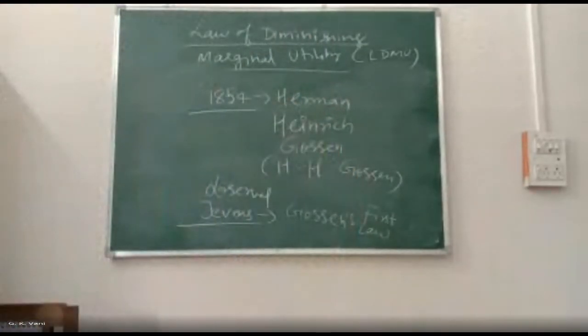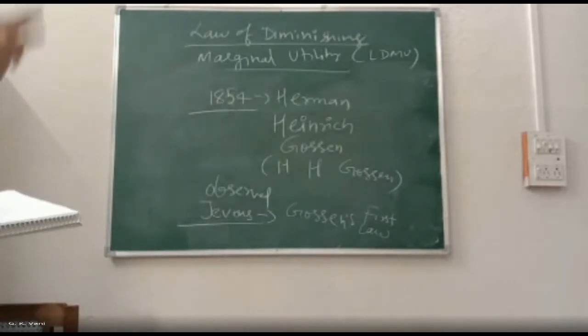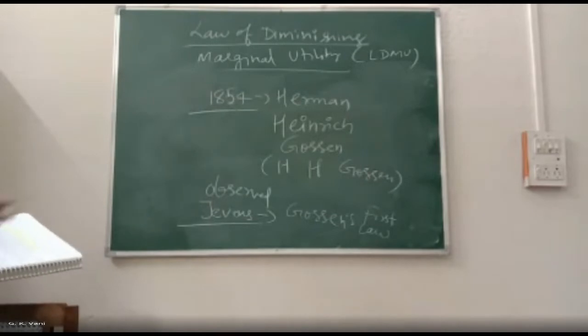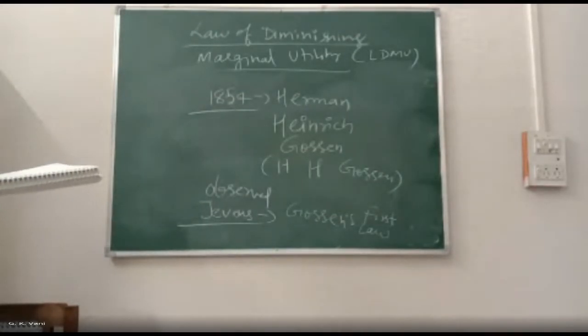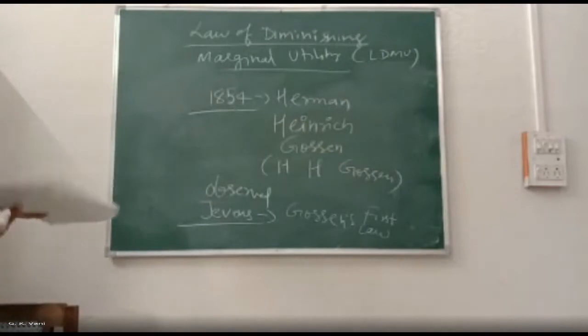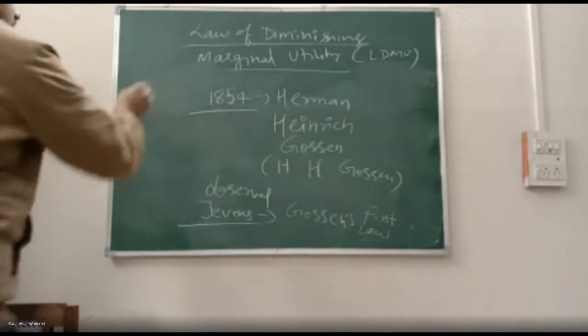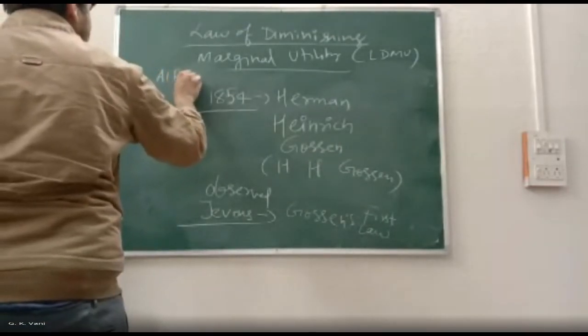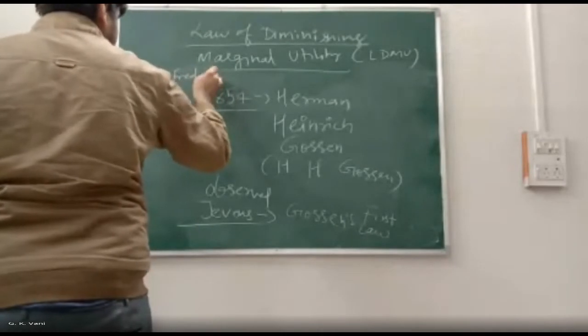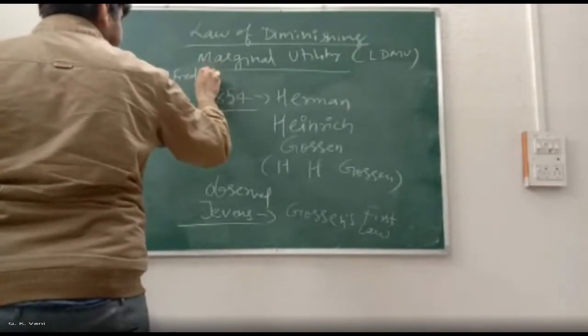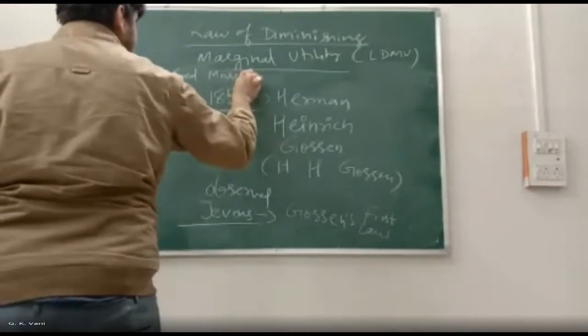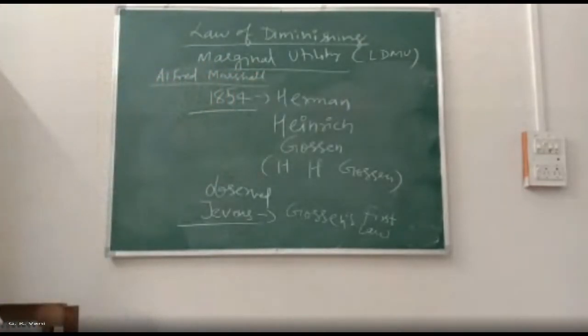And when Marshall worked on it and gave complete details on this law, and formulated it as a law, it came to be known as proposed and formulated by Alfred Marshall, an English economist.